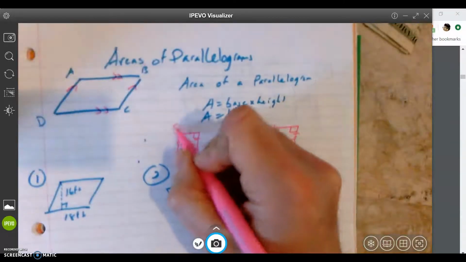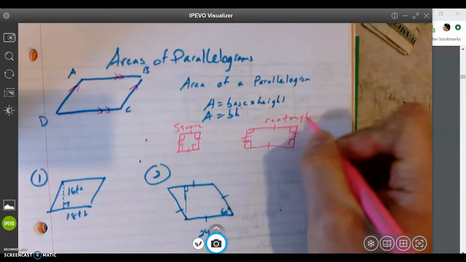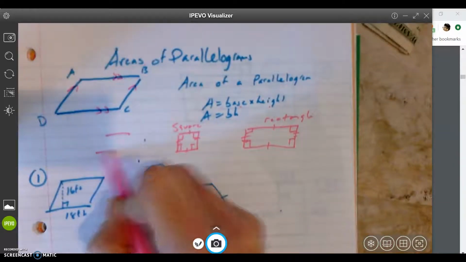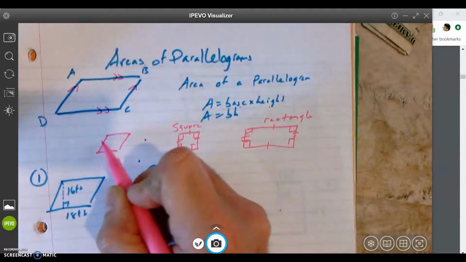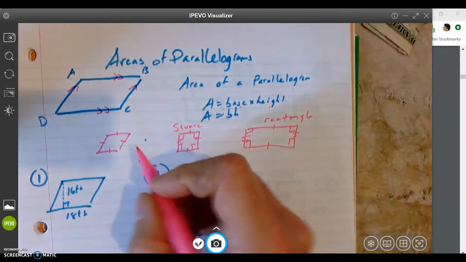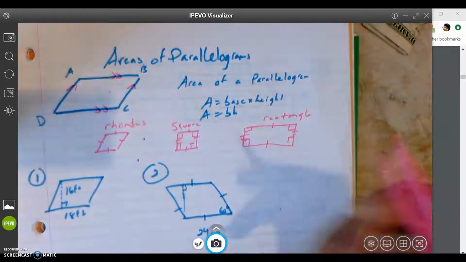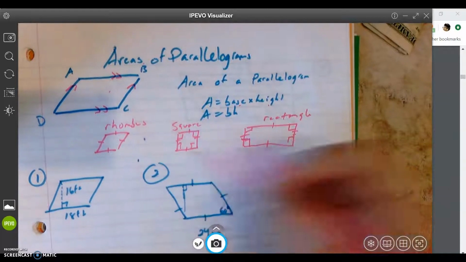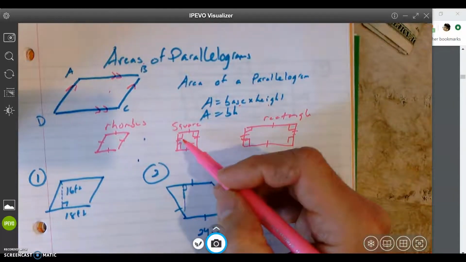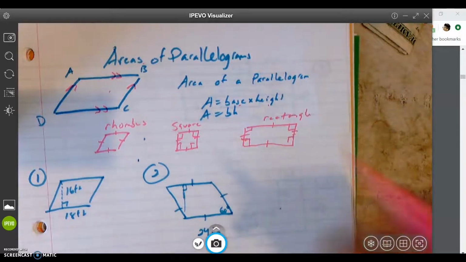So a rhombus is also your square, rectangle, and then you got a rhombus, where the opposite sides are parallel and all the sides are congruent. And then you have this as just a regular parallelogram. So all of these, as long as the opposite sides are parallel, you have base times height to find the area. So that's what we're going to do.